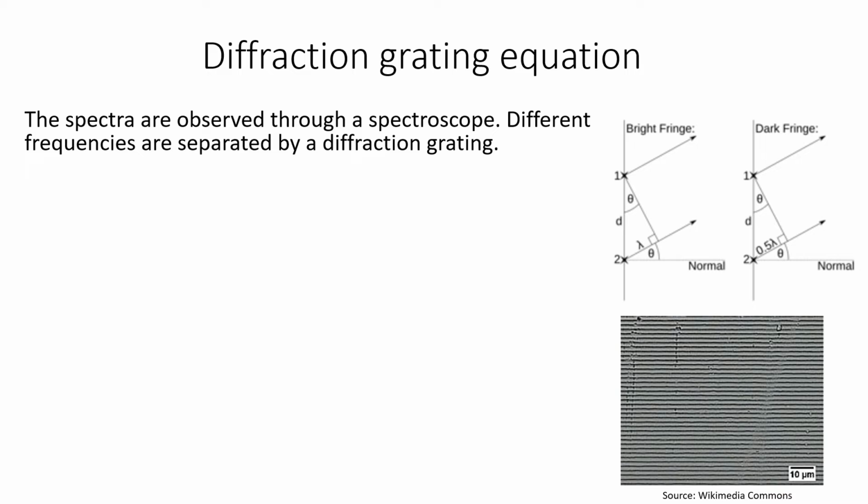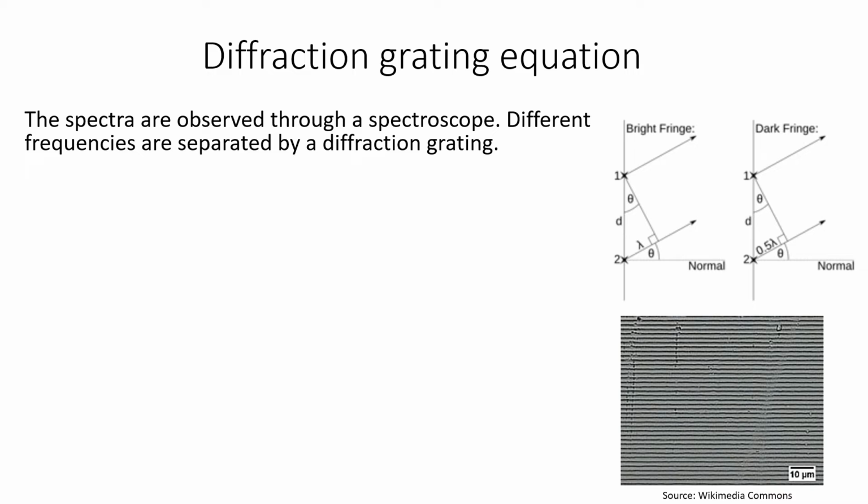So I thought I'd say a little bit about the spectroscopes and how we resolve these line spectra in the first place. In theory, you could separate the different frequencies of light by passing them through a prism, for example, but in practice we're using a diffraction grating, which is what we have in the spectroscopes. And in fact, the little picture on the top right there illustrates what's going on.